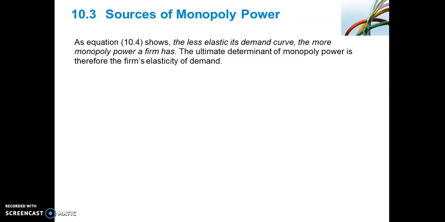Remember, for the perfectly competitive firm, price equals marginal revenue, which equals marginal cost. But for monopoly power, or for market power for that matter, there is this ability to affect the price.